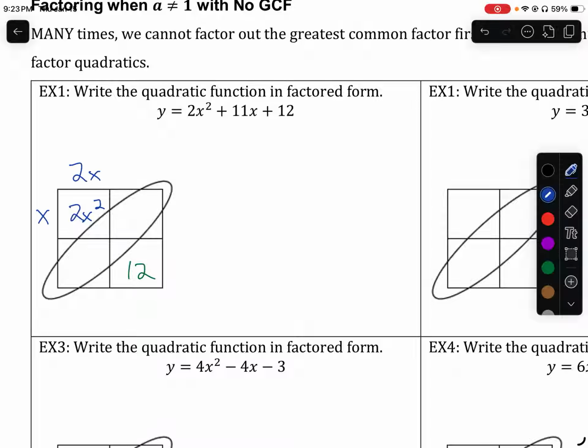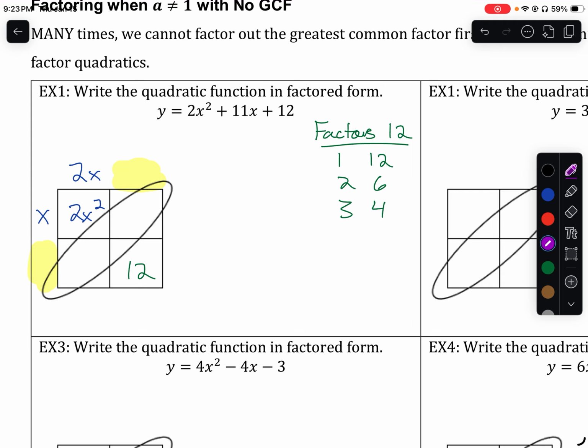Now, to make a 12, if I think about my factors of 12, I've got 1 and 12, 2 and 6, 3 and 4. What I'm going to start doing is, instead of filling out the inner parts, I'm going to start working along the outer edges, and I'll show you why I'm going to be doing that here.